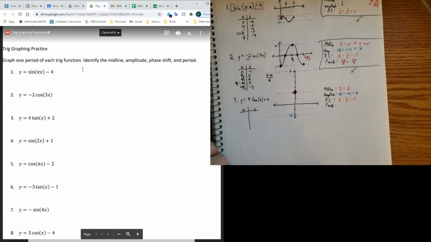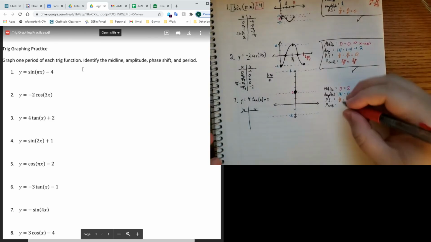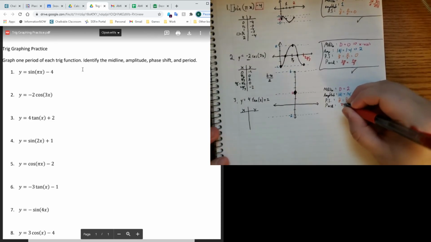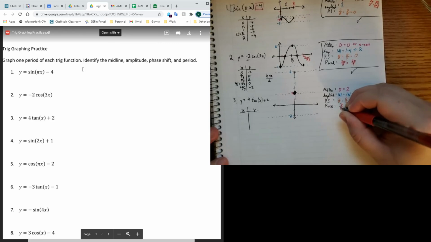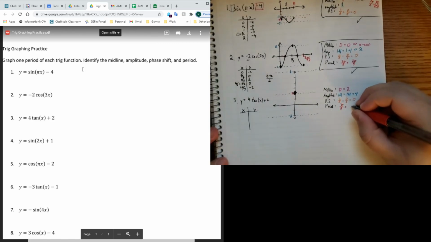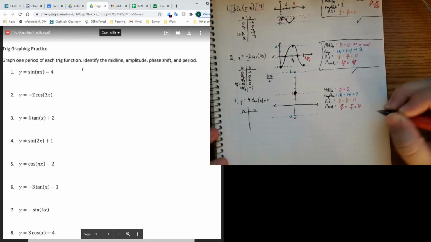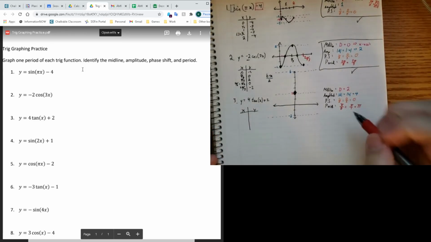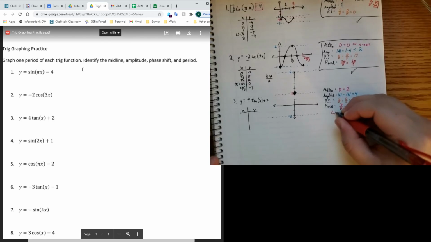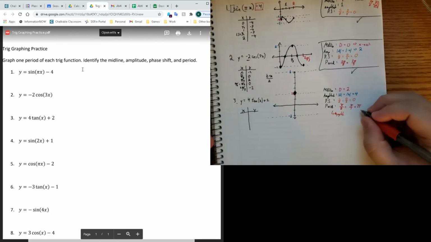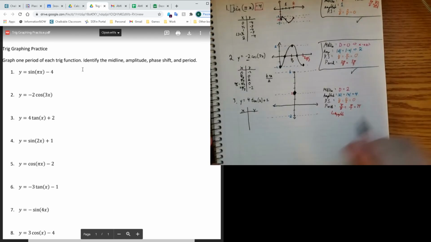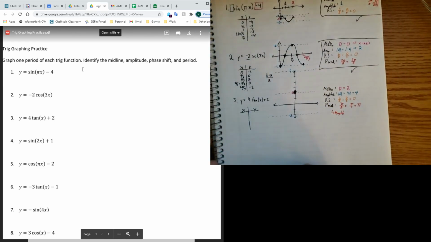Alright, now I do my period. My period for tangent is pi over b. This tells me that in this case my period is pi over 1, which is just pi. Now remember, it is split for tangent. The asymptote causes this thing to split halfway to the left and halfway to the right, because again, it's centered on the origin.